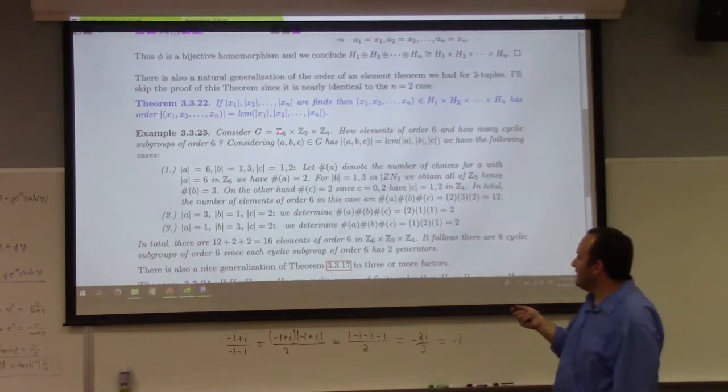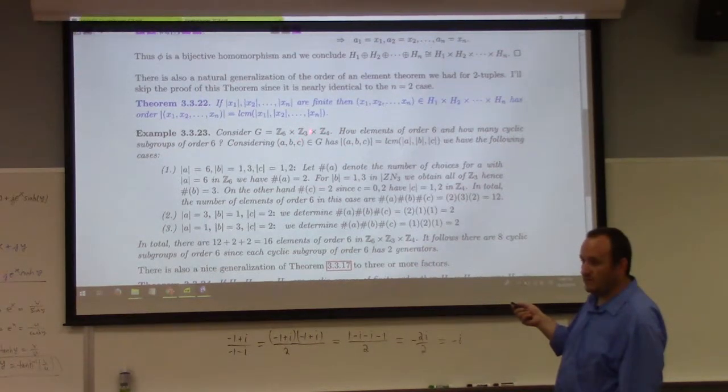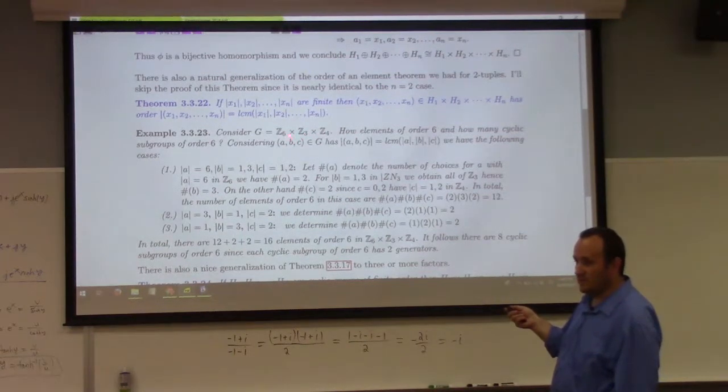But we certainly could have A have order 6, and then we could have B have order 1 or 3, and C have order 1 or 2. So how many different choices are there? For B, having order 1 or 3, we have 2 choices. For C having order 1 or 2, we have 2 choices. 2 times 2 gives us 4 choices for B and C having orders that would pair with A having order 6.